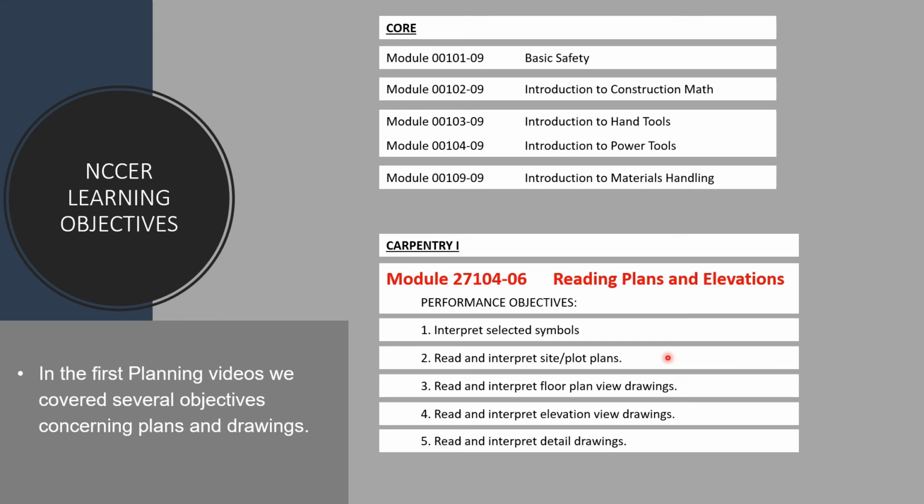We didn't refer to site and plot plans, but we did become familiar with floor plan drawings. We became familiar with elevation drawings and touched a little bit on detail drawings. So just in those little construction drawings we had with the first couple videos, we covered probably, I'm going to say, 50% of the performance objectives required in our plan module.